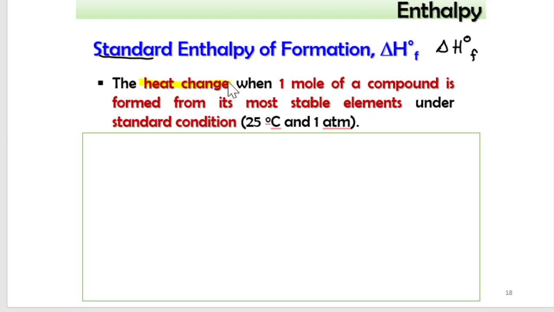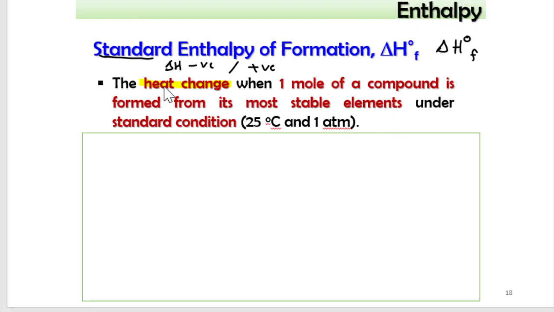Okay, so dia ada banyak definition. Ada 3. Heat change, heat release, heat absorb. So kalau dekat sini dia tulis heat change, maksudnya apa? Dia boleh delta H kamu boleh jadi negatif ataupun positif. Okay, ada certain reaction dia akan release heat, ada certain reaction dia akan absorb heat. Okay, right.